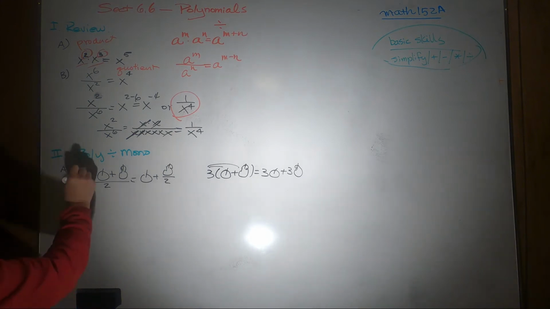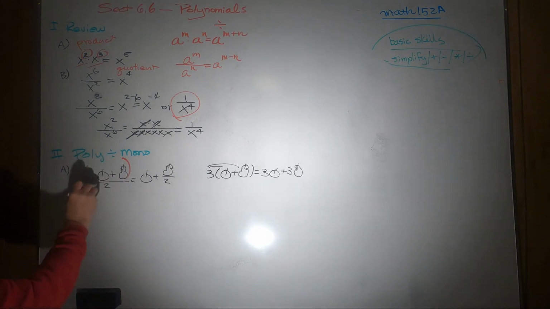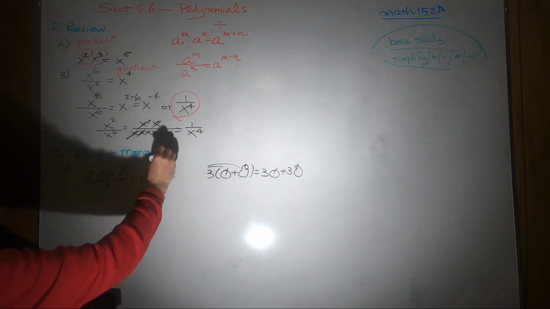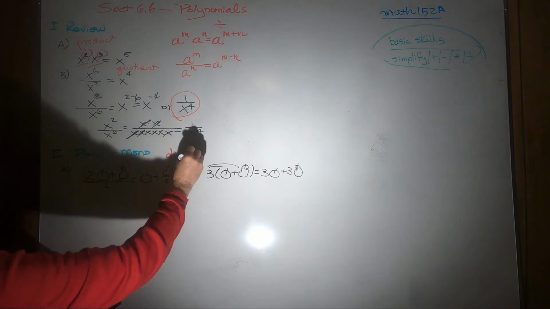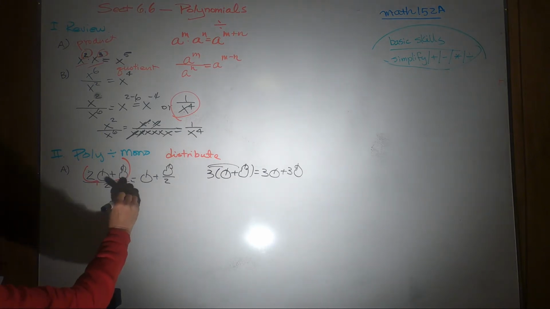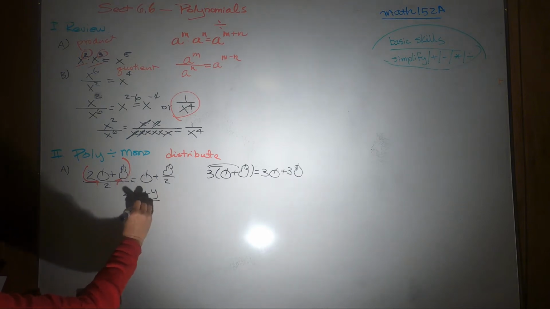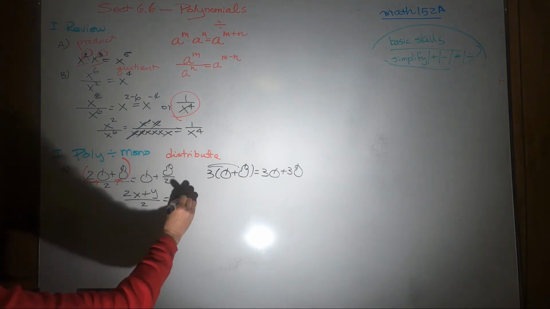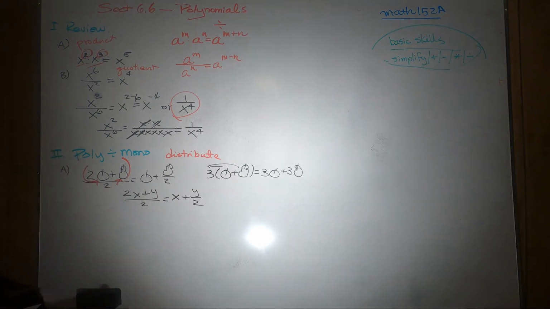Same thing here. My bag is this way, then my 2 has to apply to everybody inside, right? So we need to do what? Distribute, right? Same thing, if I have 2x plus y divided by 2, what should I have? 2x divided by 2 is x, y divided by 2 is what? y over 2, right? It's the same thing.